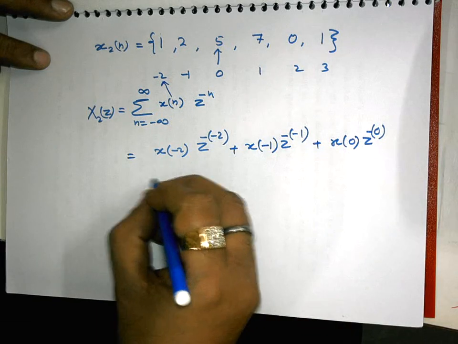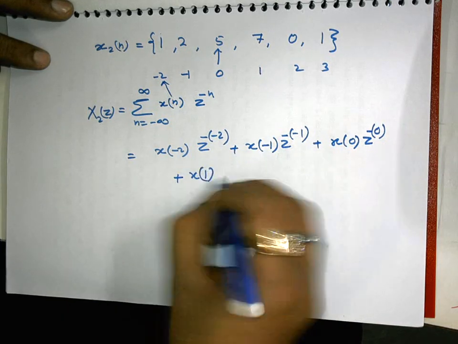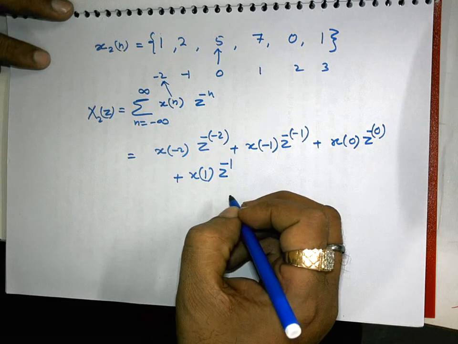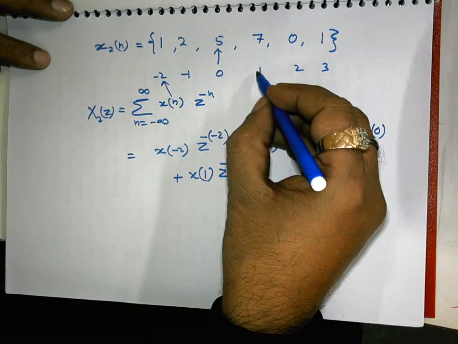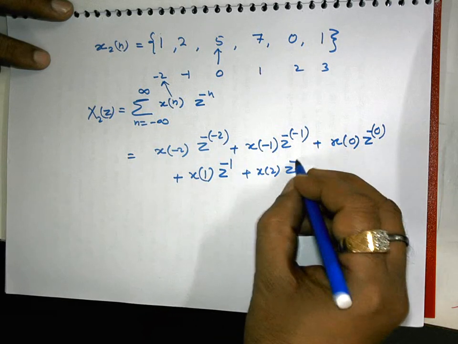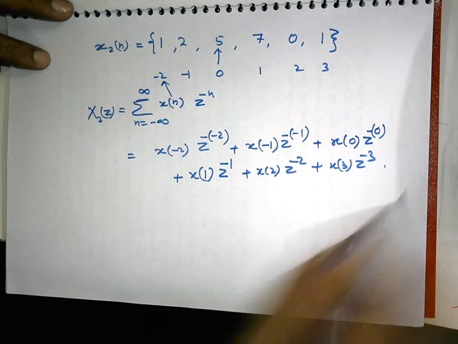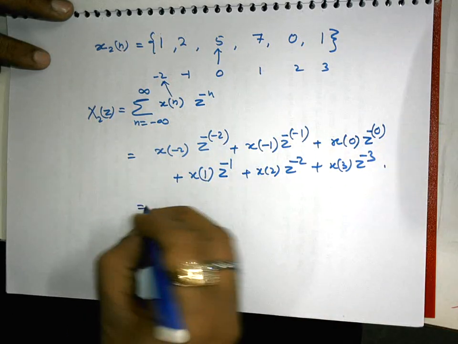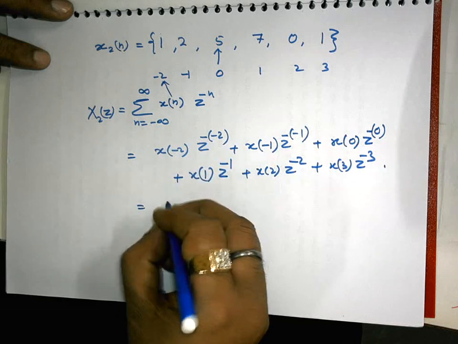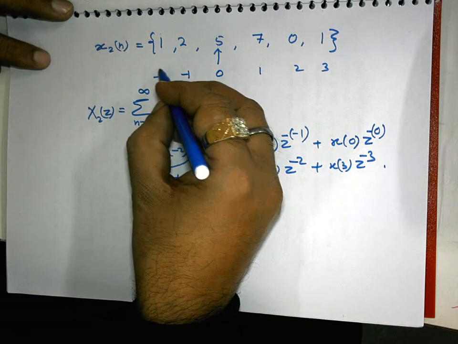Then x[1] z to the power -1, then x[2] z to the power -2, then x[3] z to the power -3. Am I right? So what is x[-2]? The value at n is equal to -2 is 1.